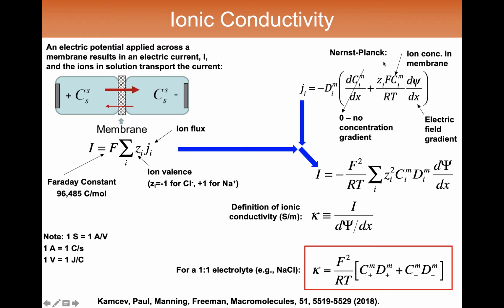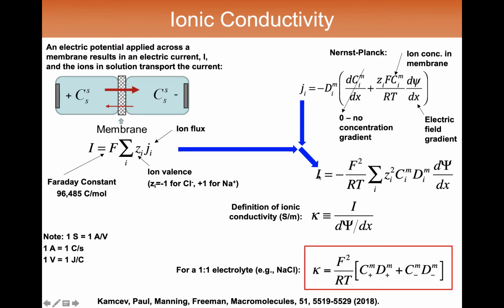Starting from the Nernst-Planck equation, in this particular experiment, we have no concentration gradient, so the first term goes out, and we can write the ion flux for both the cations and anions for all ions in the salt solution, and we just plug that into this expression for the current.